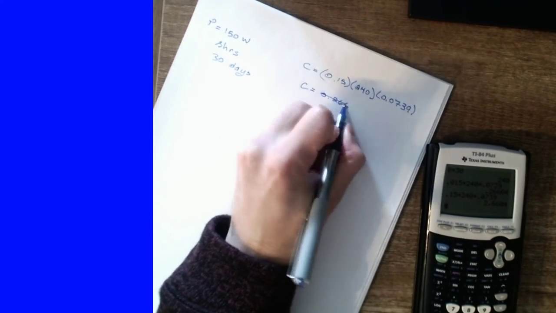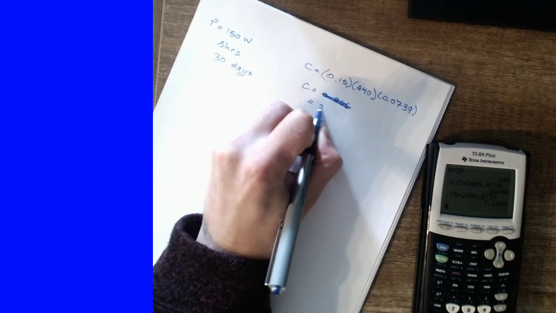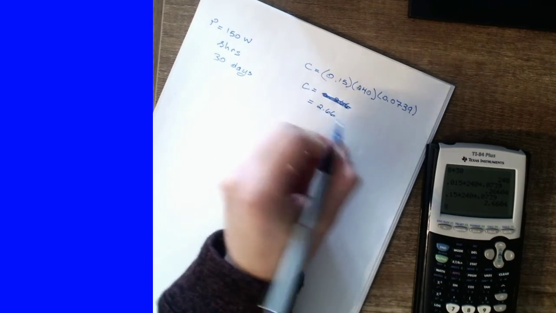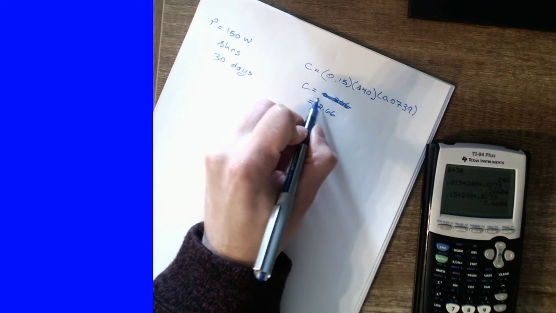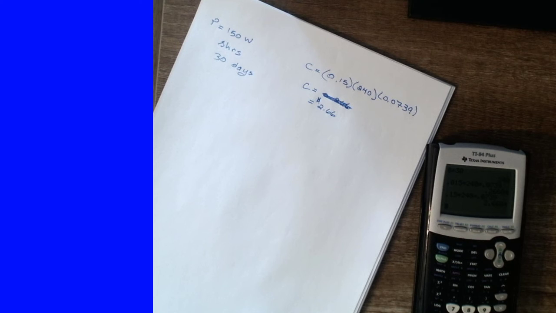Yeah, 2.66. That's $2.66 each month to run that computer for 8 hours. Okay, so let's take a look at one more example.